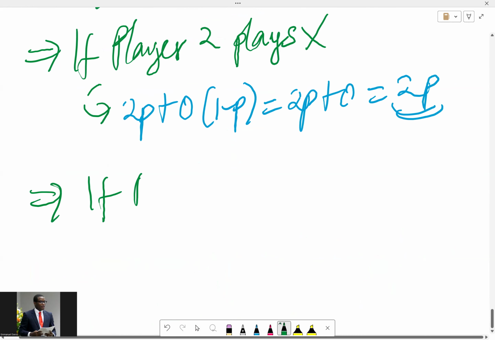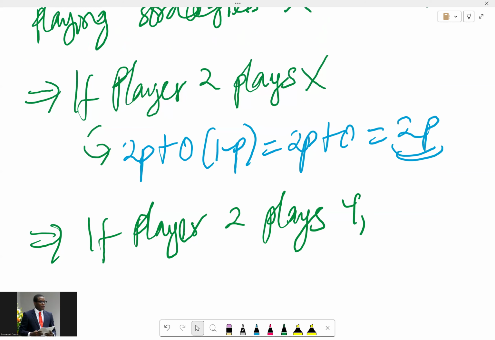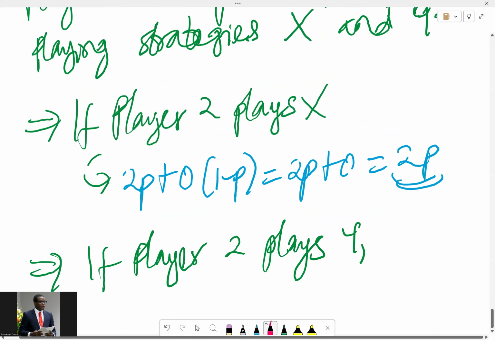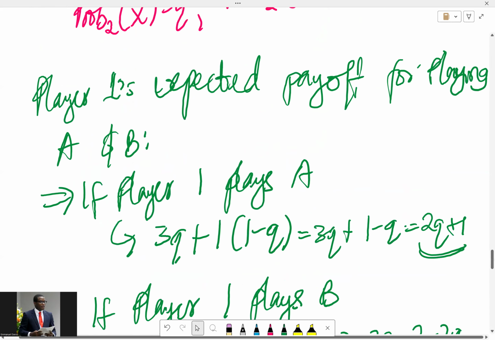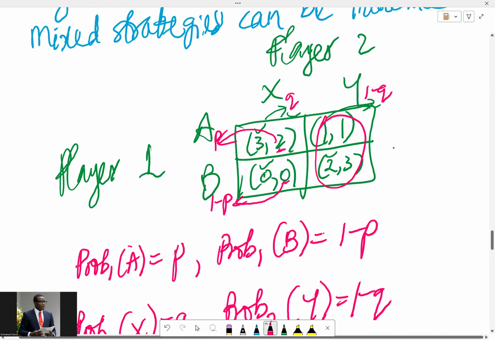Then, if player 2 plays Y, then we go for that Y again. If player 2 plays Y, we have 1 multiplied by p and 3 multiplied by 1 minus p.